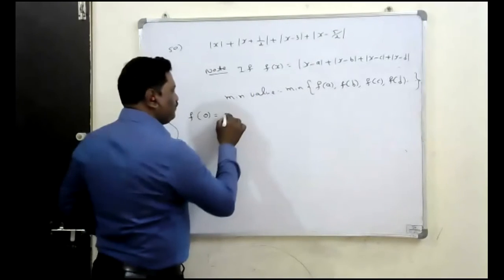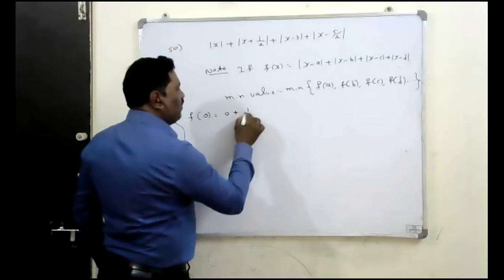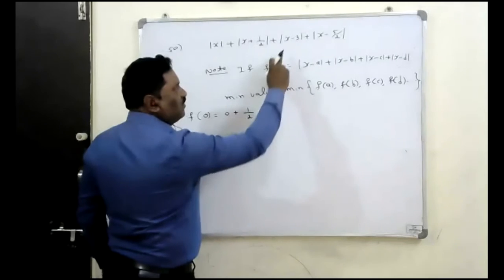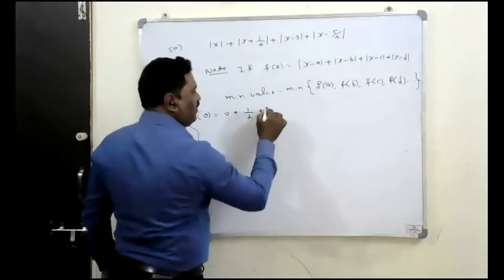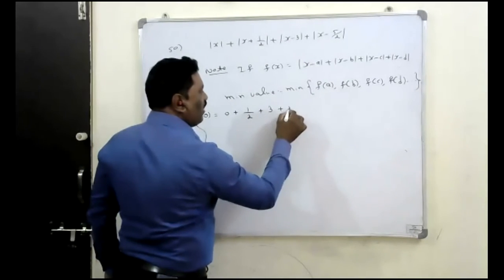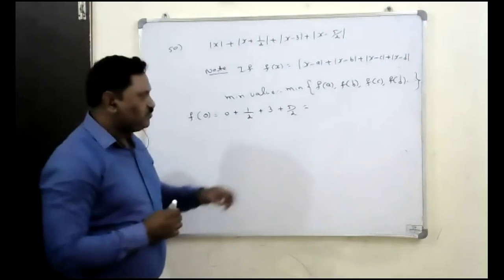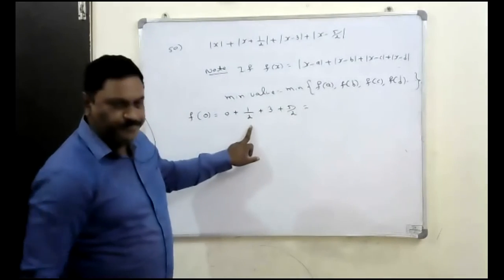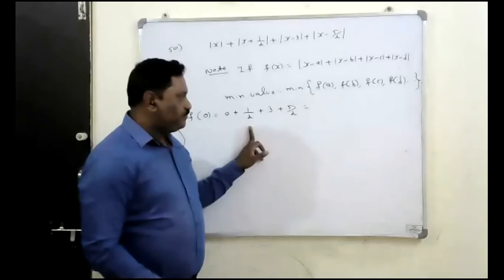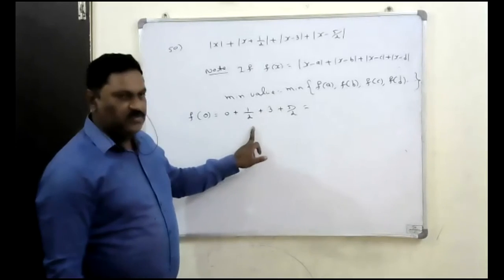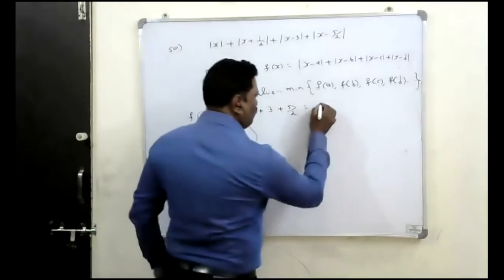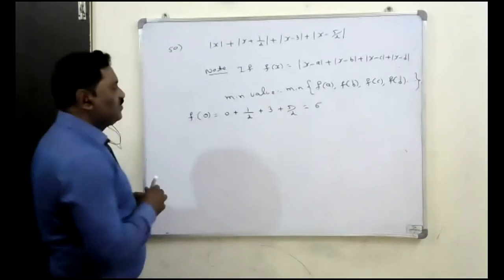It is 0 plus 1 by 2 plus 0 minus 3, which is 3, plus 5 by 2. 5 by 2 plus 1 by 2 is 6 by 2, that is 3. 3 plus 3 is 6. Total is 6.